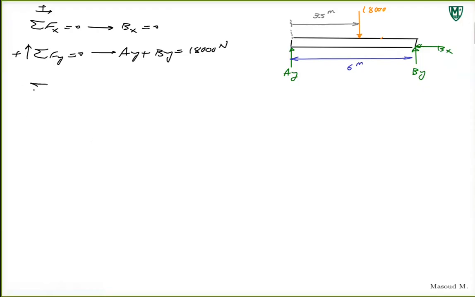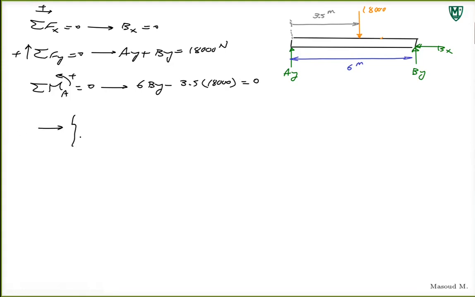Now we have to write the moment. Equation of moment, let's write it about point A at this point. It doesn't really matter A and B because Bx is 0. If you write that, this becomes 6 By positive minus 3.5 times 18,000, negative, is equal to 0.